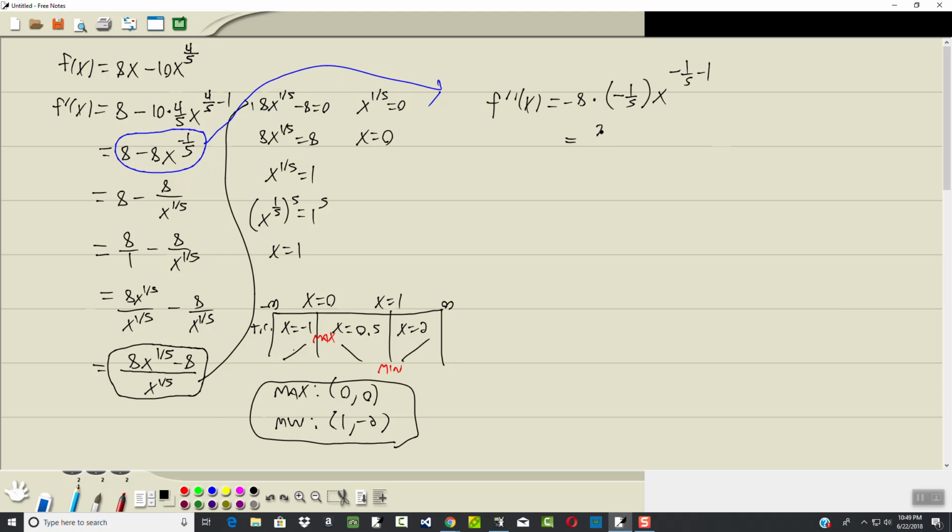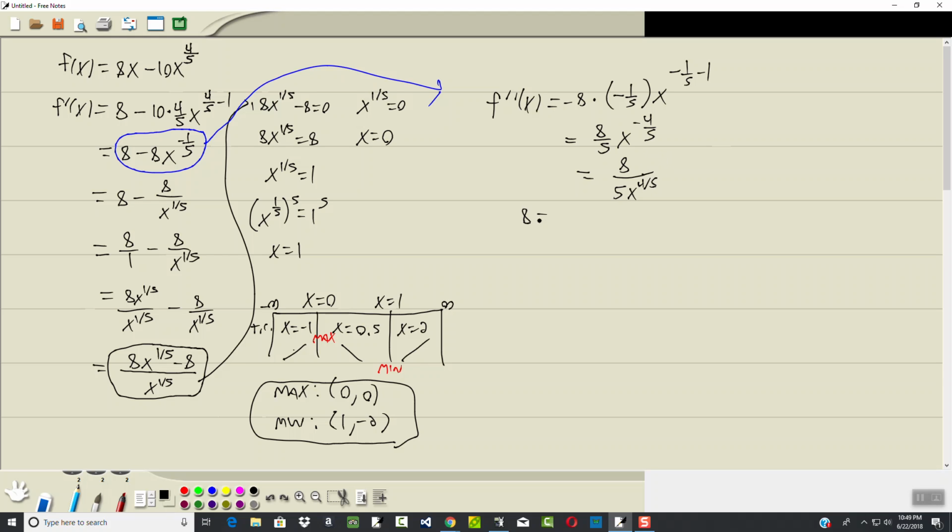Negative times negative gives us a positive 8/5 x to the negative 4/5. Now I'm going to take that x to the negative 4/5 down below. It becomes x to the positive 4/5.